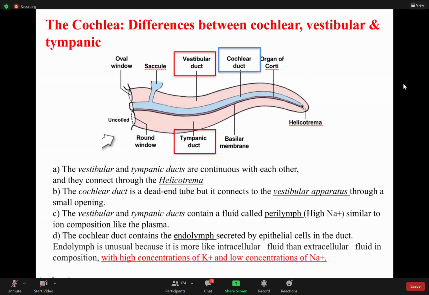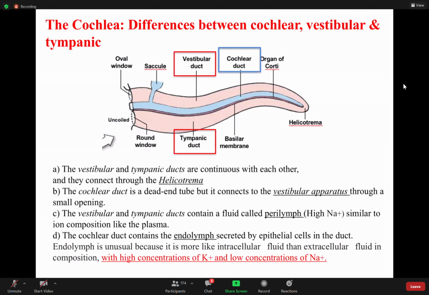But meanwhile, when it does that, we also have the displacement of the organ of Corti. So based on where the sound is perceived, up to here I will be able to perceive a specific frequency of sound. But if it travels all the way up to the end, then we're perceiving low frequency sounds.